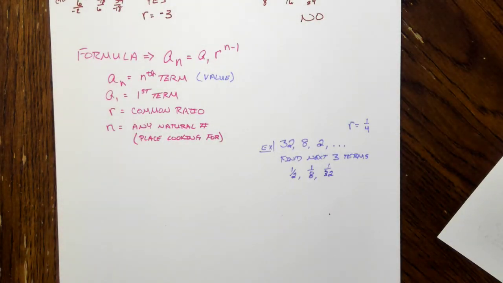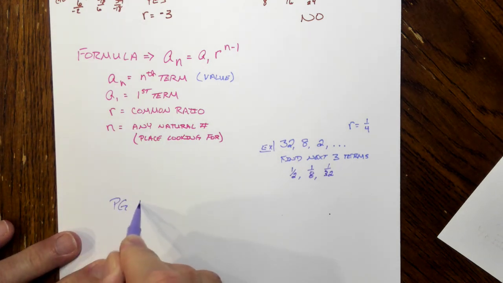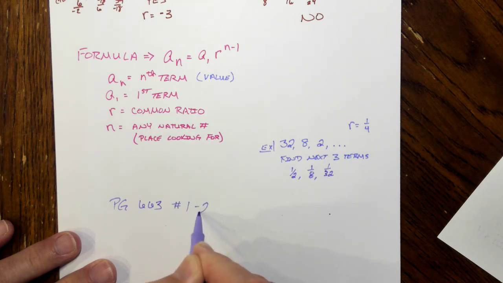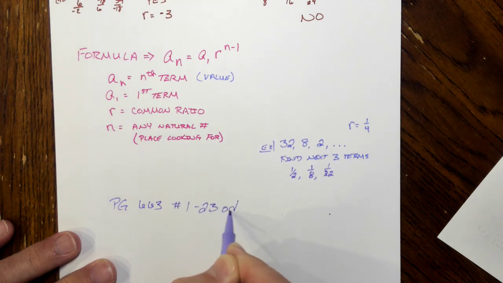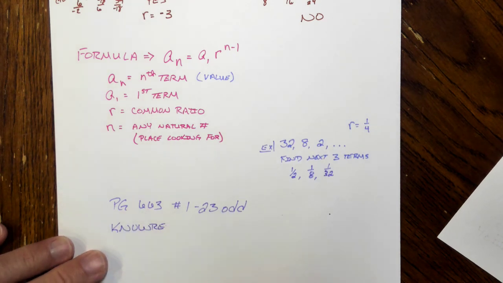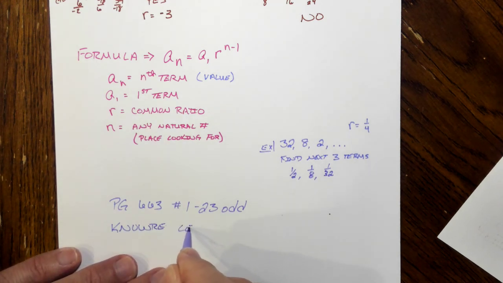So as we move forward this week, and I'll have this posted as well, your assignments are going to be as follows off of this. I'm going to give you page 663, numbers 1 through 23 odd. And we're going to NORI, which I gave you as bonus at one time to get you used to it. We're going to do lesson 12-1.